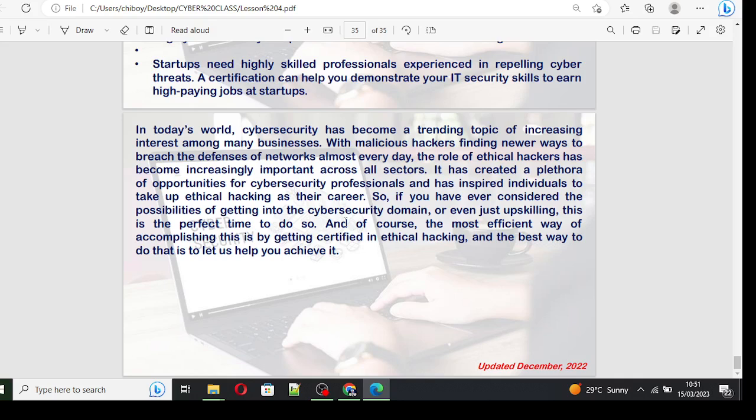If you have ever considered getting into the cybersecurity domain or even just upskilling, this is the perfect time to do so. The most efficient way of accomplishing this is by getting certified in ethical hacking, and the best way to do that is to let us help you achieve it.